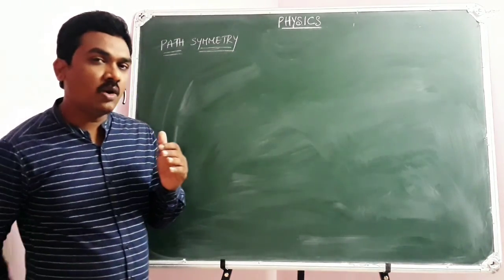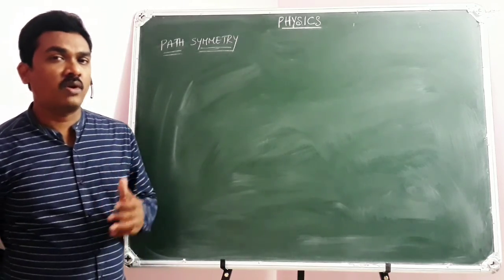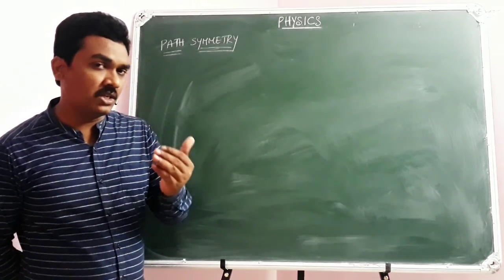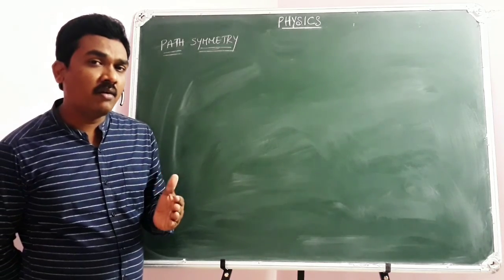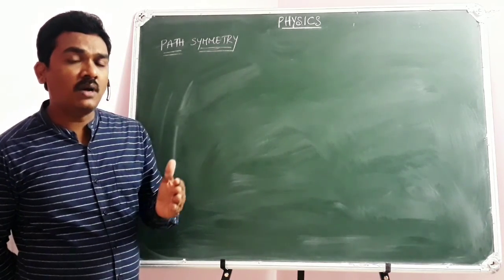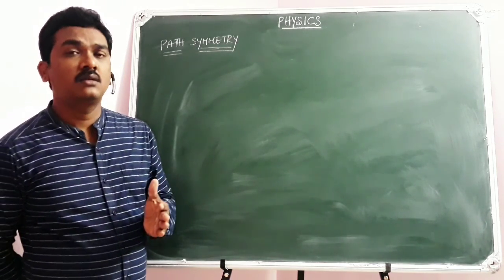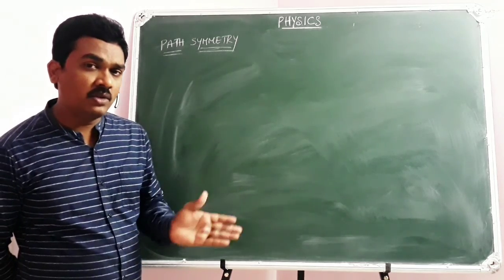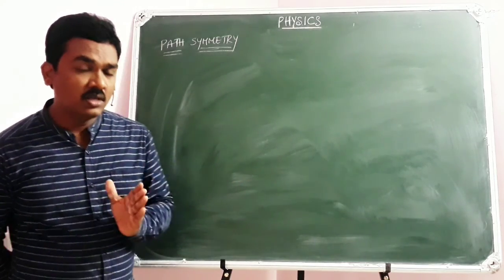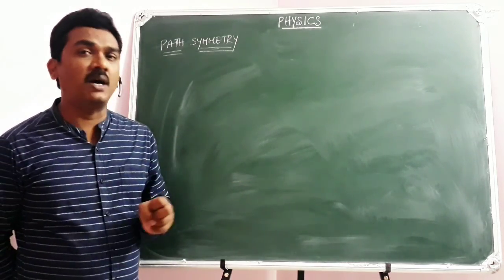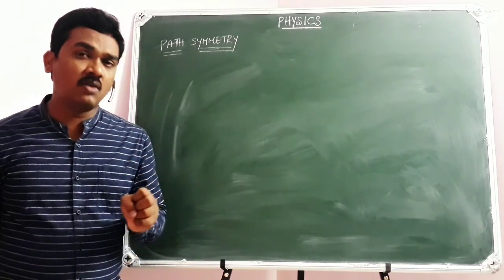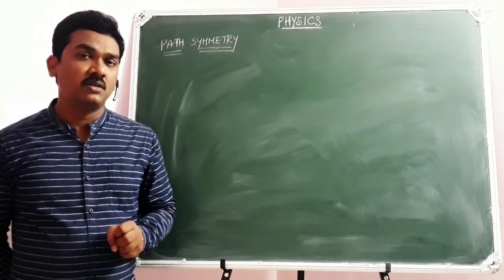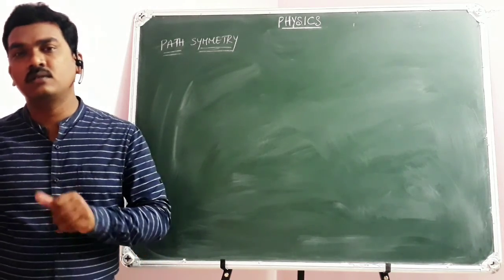So while moving in a closed electric circuit from one junction to the other, we can have different paths. If we have some identical paths while traveling from one junction to another junction, then current will be distributed equally at that junction along all the identical paths.